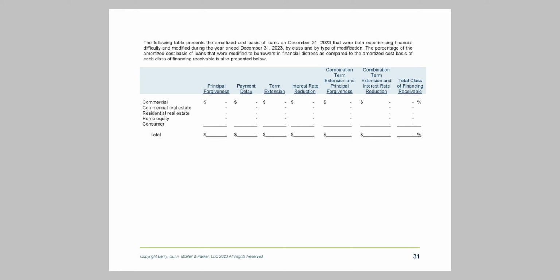So you'll see we already have it set up here that the 5th column says combination, term extension, and principal forgiveness. That modification would be disclosed in that column and in that column only. So in general, just think a loan that's been modified is only going to be disclosed in one spot in this table, depending on the type of modification.